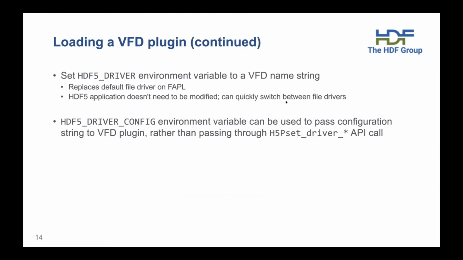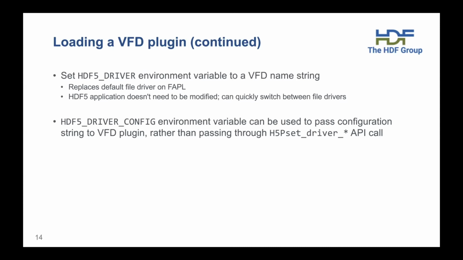Or you can also use this new HDF5 driver environment variable. If you set it to the name of your VFD, HDF5 will try and look for a VFD plugin with that name and then load it and set it as the default on a file access property list. So in that way, the application doesn't need to be modified.